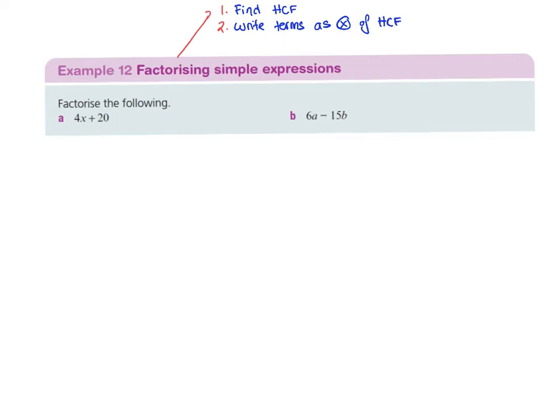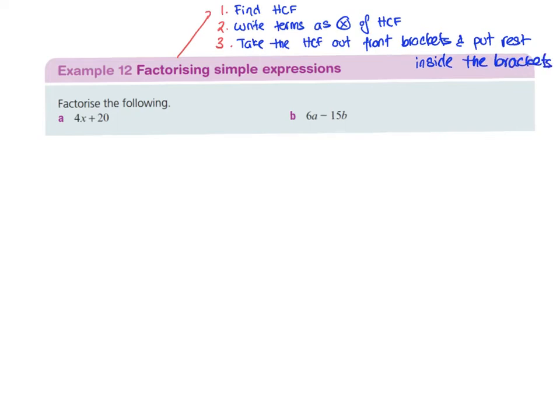If that doesn't make sense, it will when we do one. And then step 3, we take the highest common factor out the front of the brackets and put the rest inside the brackets.